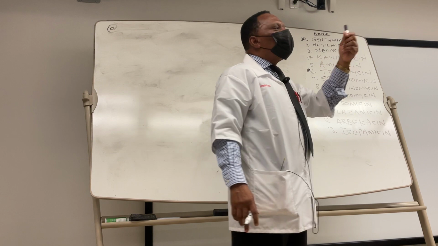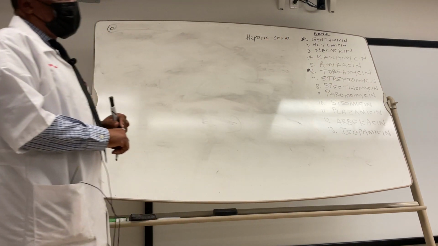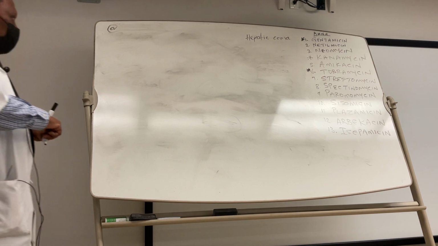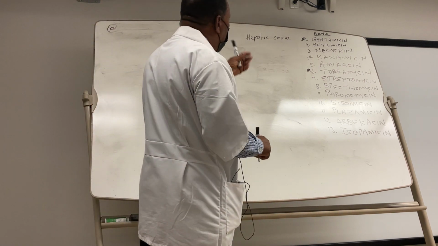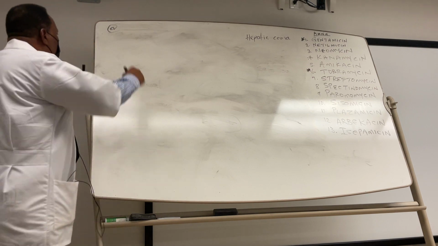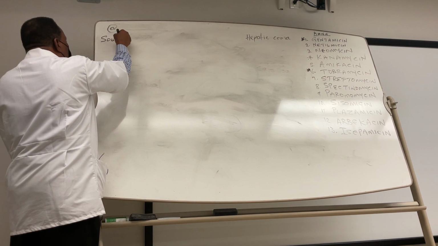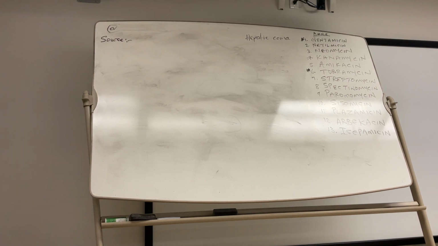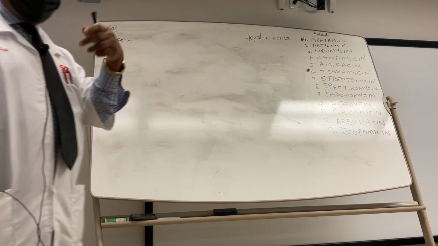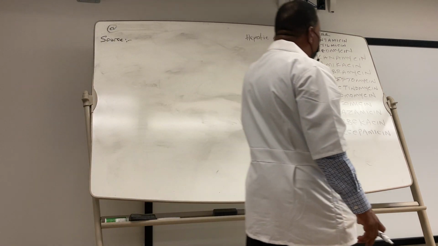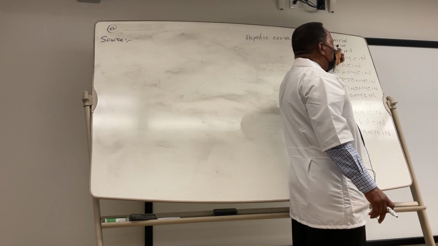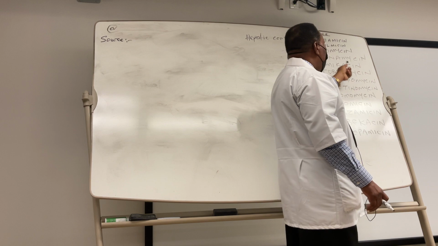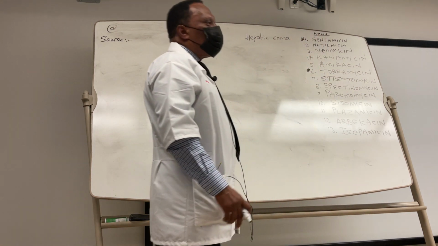So those are the top two aminoglycosides that you can see used. We said they are true antibiotics, so there must be a source. And you notice that there's a difference in the spelling. Gentamicin is M-I, okay? It's not M-Y. Gentamicin is M-I, not M-Y, like your kanamycin or tobramycin and so on.